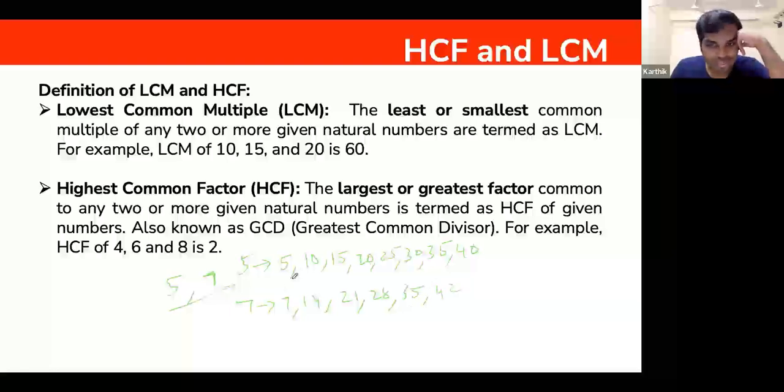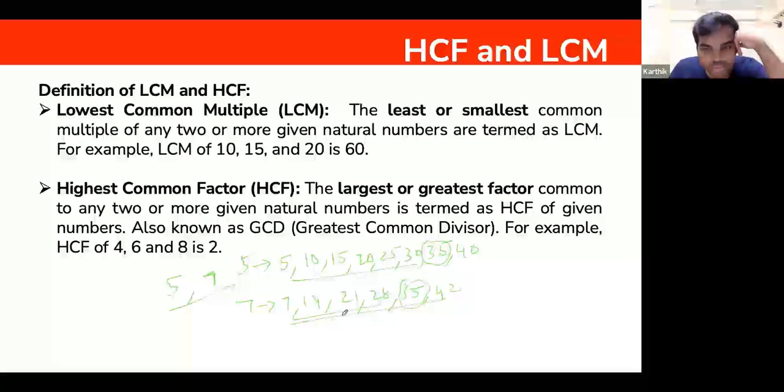Now these are all the multiples of 5, these are all the multiples of 7. Now amongst them, which one is common? 35 is a number that is common, and that is the lowest number also. Before 35 there is no common number between 7 and 5, right? So that is the meaning.